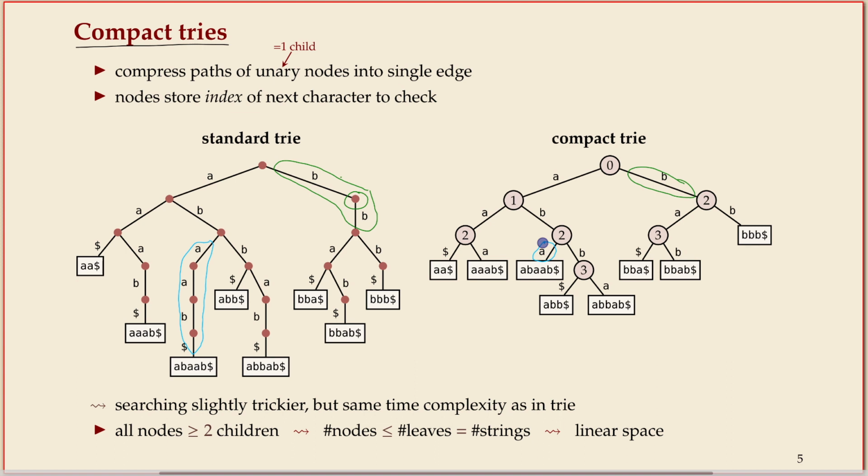Now, that loses some information. We lost, for example, this character b here. There's a single b on this edge. We can't really throw away that information. But in this case, we still have the entire strings at the leaves anyways, so we don't really lose the information. It's stored somewhere else.